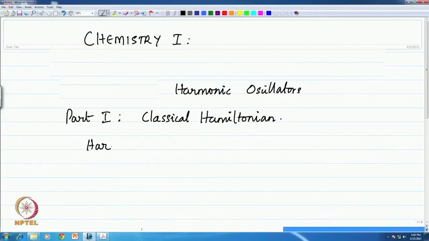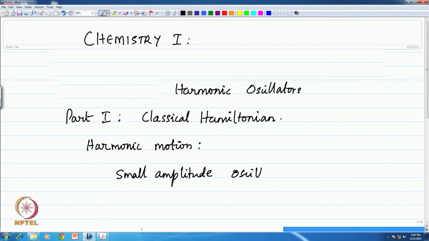So let me write down harmonic motion. Small amplitude oscillation about an equilibrium. Okay.